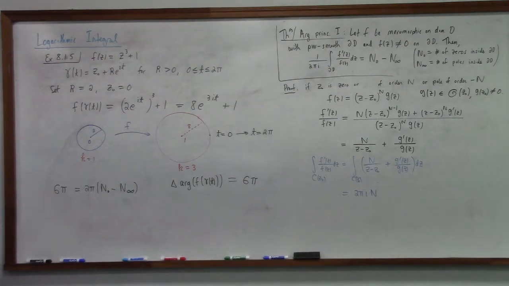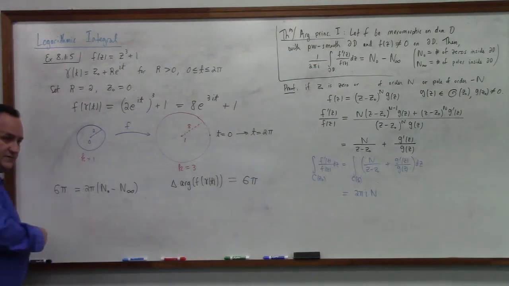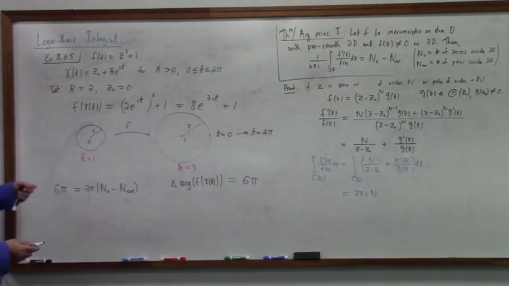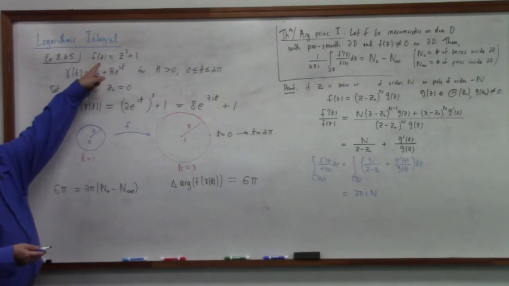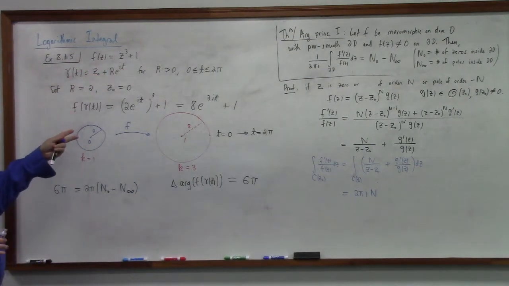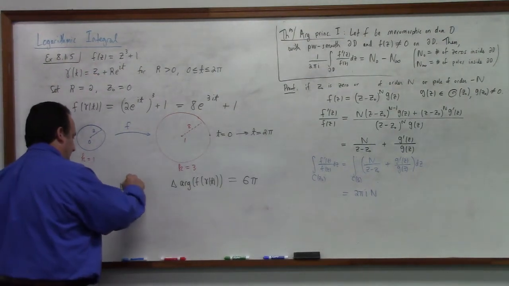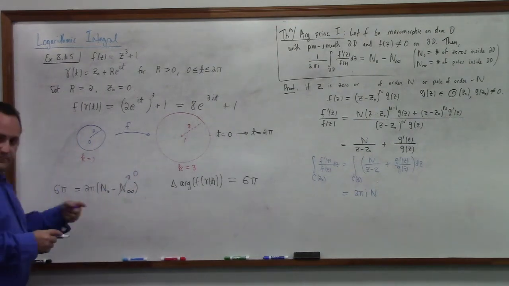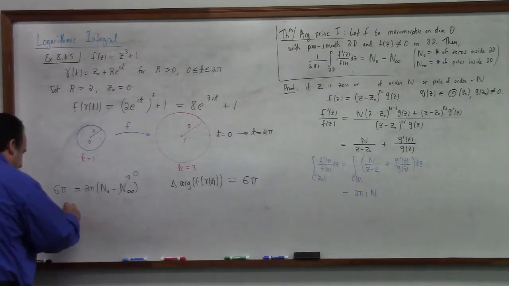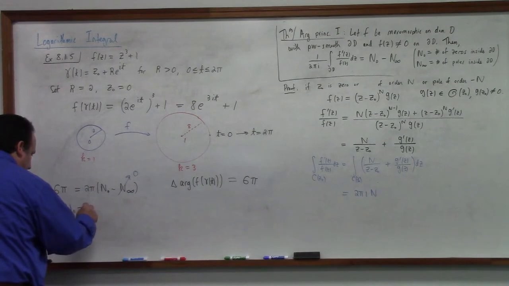So 3 equals the number of zeros minus N infinity. What is N infinity here? N infinity is the number of poles counting multiplicity. Are there any poles for this within the circle of radius 2? Certainly not, so this is straight up 0. So the number of zeros has to be equal to 3.